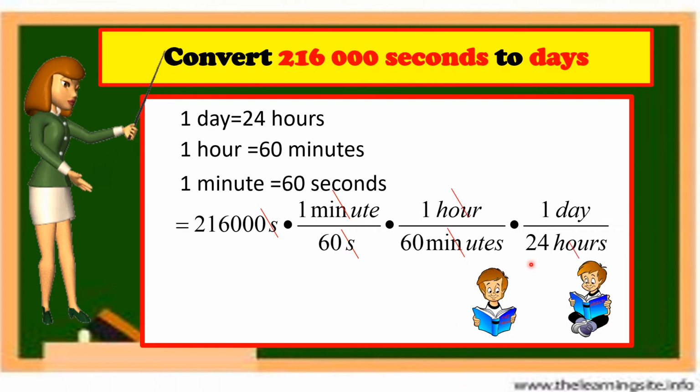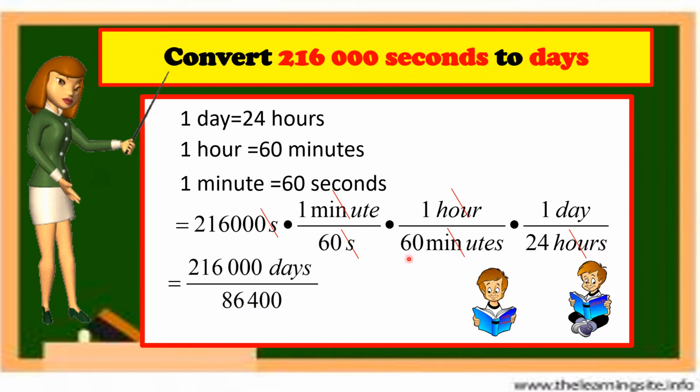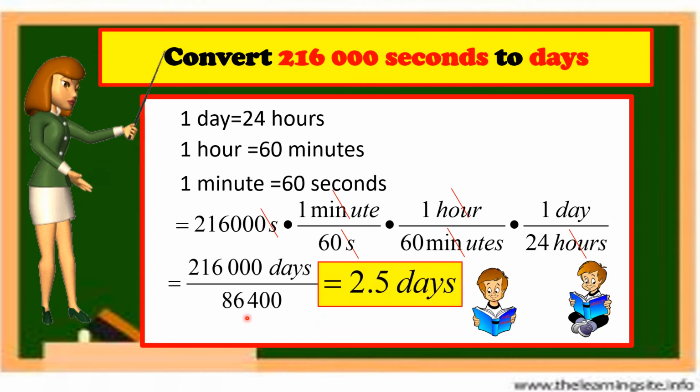Then, we have 216,000 times 1 times 1, which is still 216,000. 60 times 60 times 24 is 86,400. 216,000 divided by 86,400 equals 2 5/10 days.